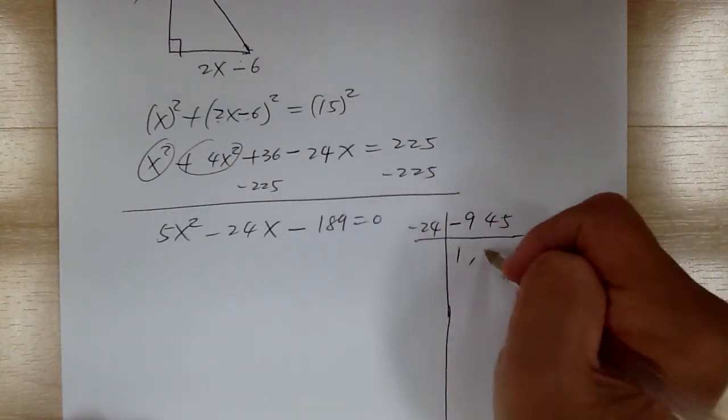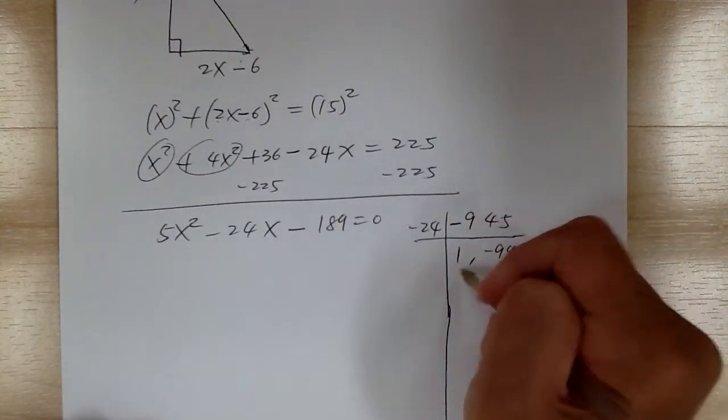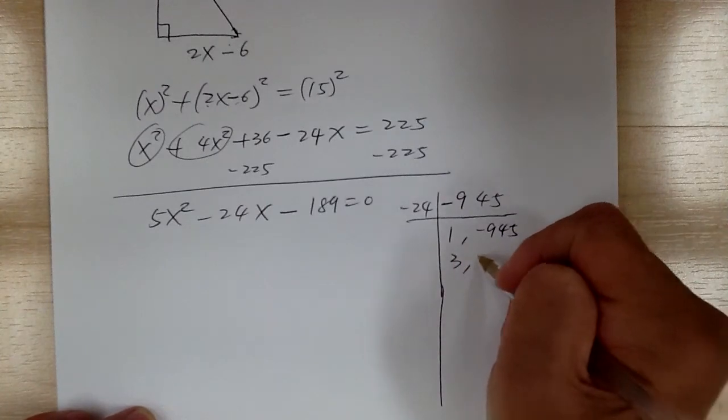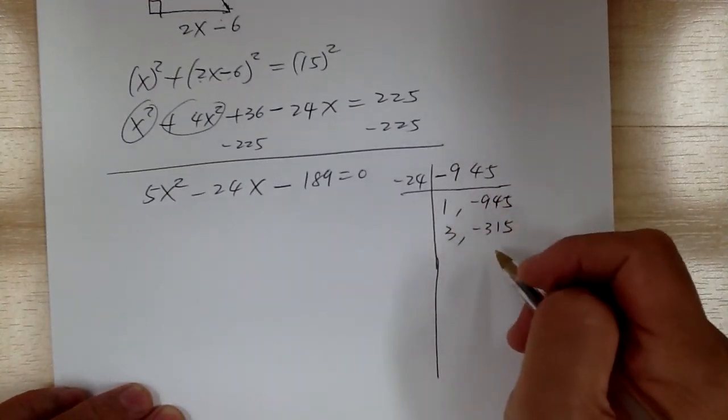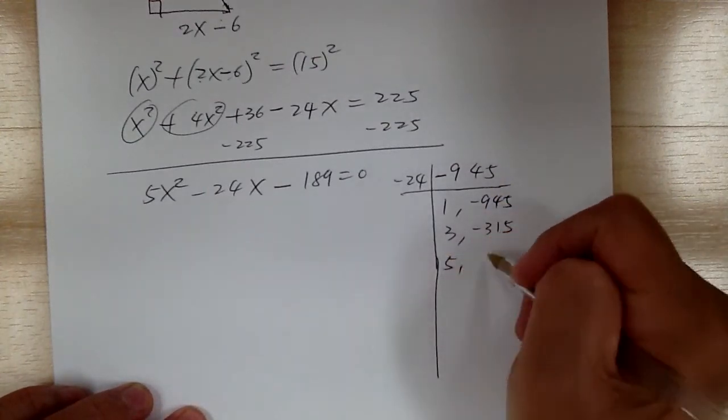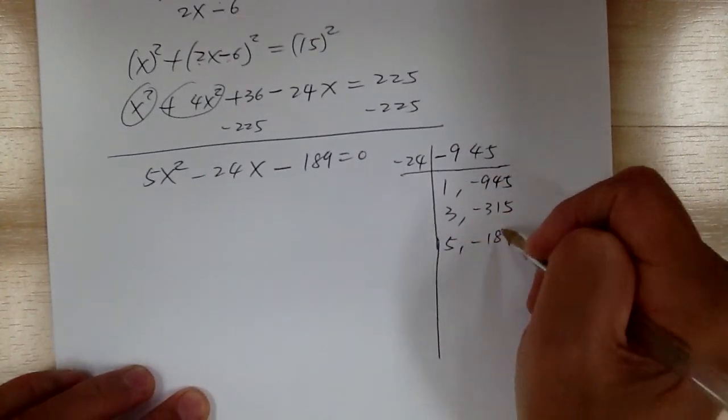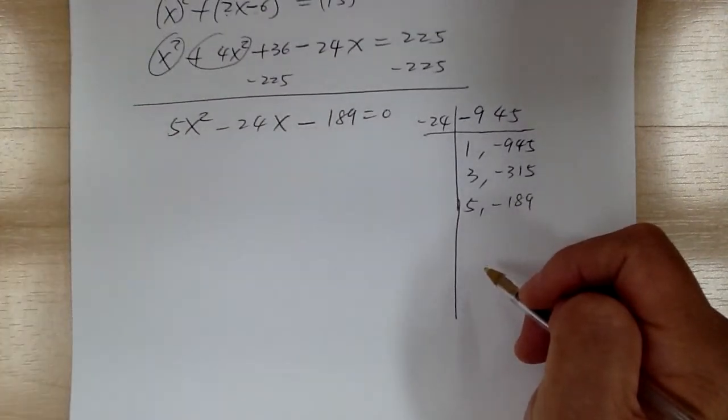So 1 comma negative 945, 2 cannot work. So 3 comma negative 315. So obviously all the evens are no good. So try 5. So it'd be negative 189. Okay, try 7. See if the 7 will work.